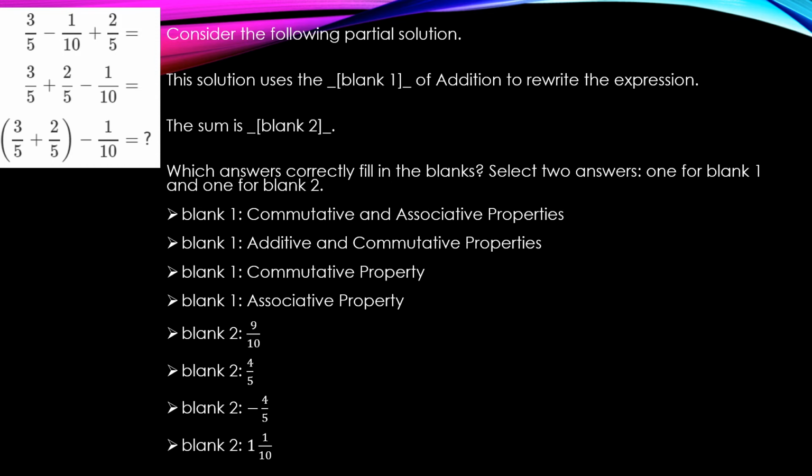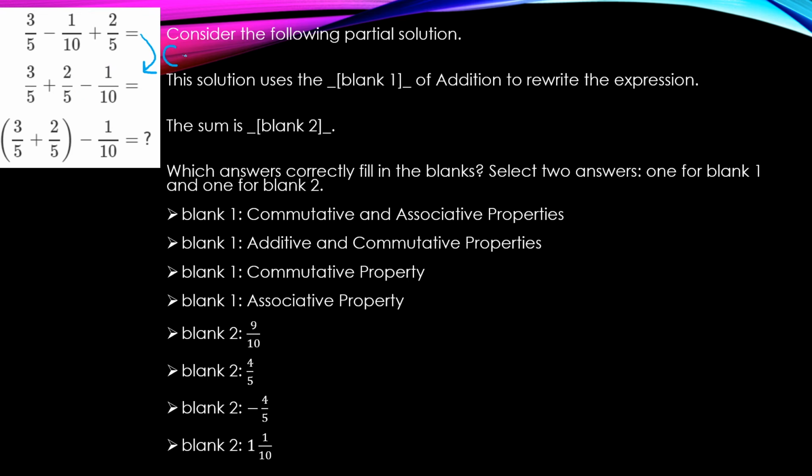We want to consider the following partial solution, and we want to know which properties of addition this actually uses. Remember, our two different properties are commutative and associative. Commutative is changing the order of the numbers, and associative is adding parentheses. So if I look here, when I go from this first step to the second step, the order of my numbers is changing.